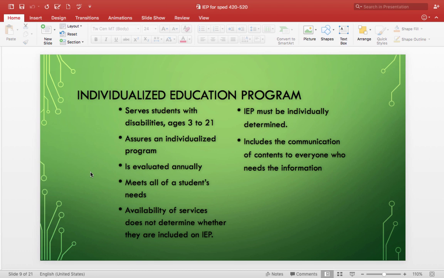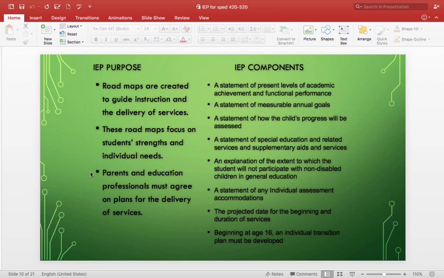Electronic communication boards. So we just have to be able to find out where that money is. And each IEP is individually determined, so we have to be able to communicate what is in that IEP, why it is important, and how we are going to help this child.